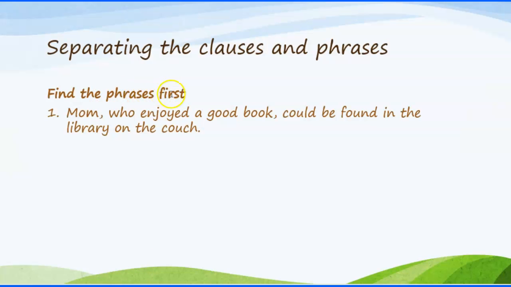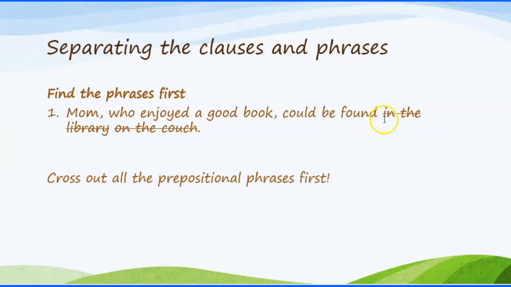So find the phrases first, and what I like to do is actually cross them out. Notice that I've crossed out in the library and on the couch. They're prepositional phrases, and they're not going to provide any of the subject-verb information that I need.